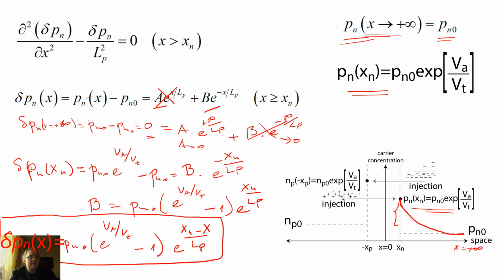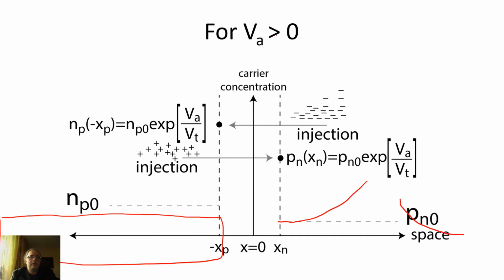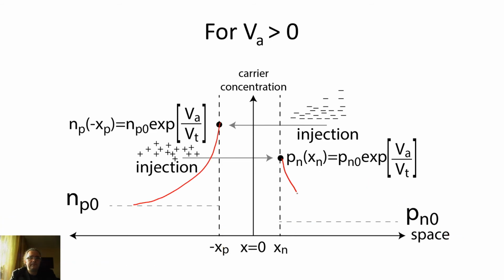So this equation, if you plot it, it will be something like this exponential settling. The same function can be found for the electrons injected in the P material. Again, such a function. Here we can see for Va positive, it will be like this. Now, because of this gradient in the concentration, so this is carrier concentration, there will be a diffusion current on this side.